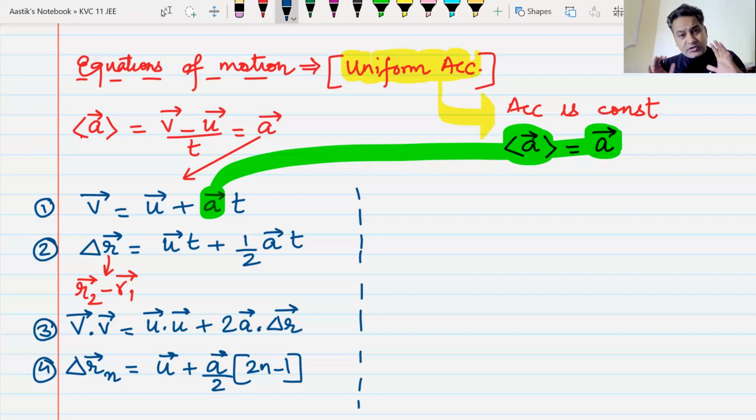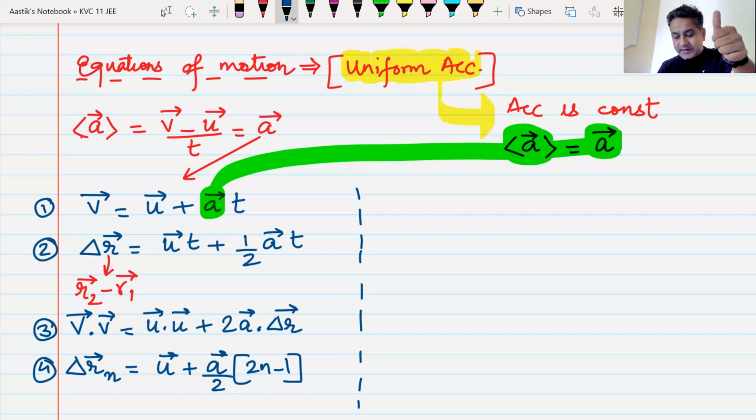Doesn't matter which equation you choose, you will always land up with the correct answer. All the equations are correct. If you don't choose the shortest equation, it will take some time for you to get the answer. And remember, JEE Mains is a test of your speed. You have to get answers quickly. And that is why it is necessary that you practice as many questions as possible so that you understand in which question you have to apply which equation.